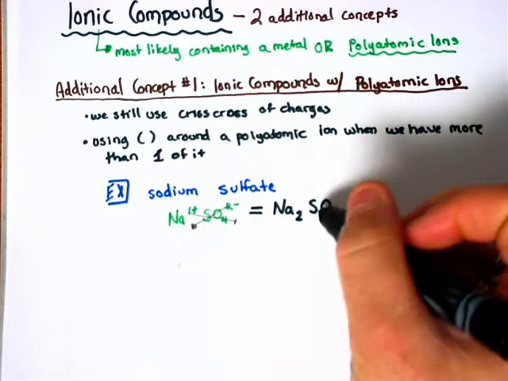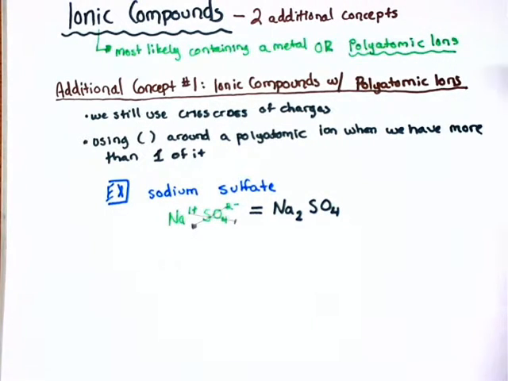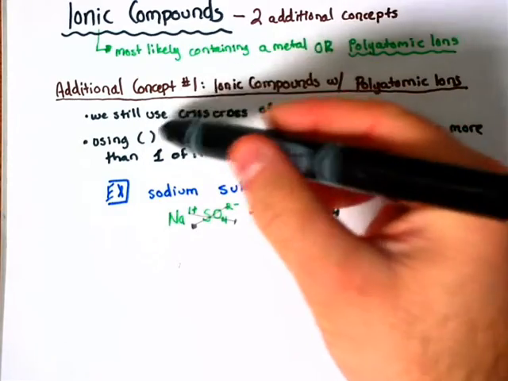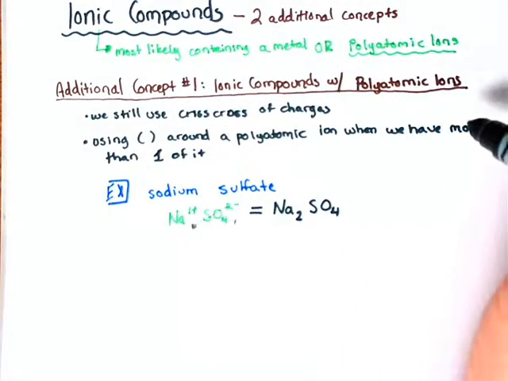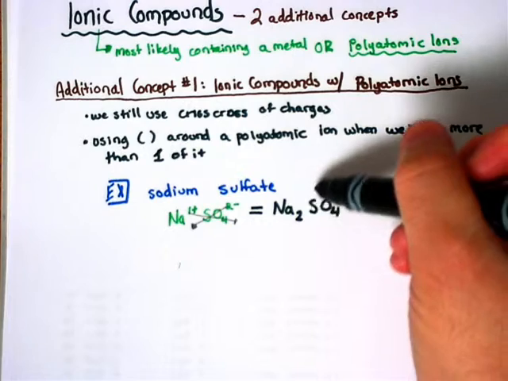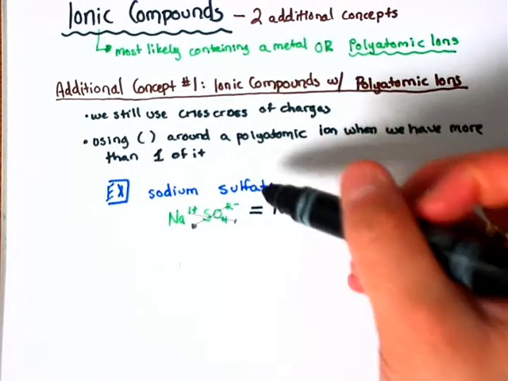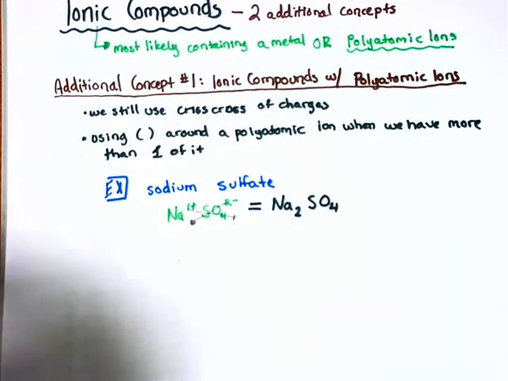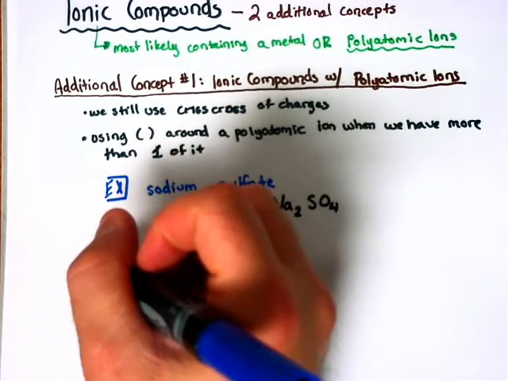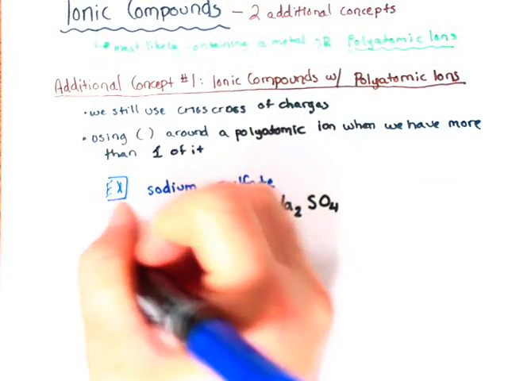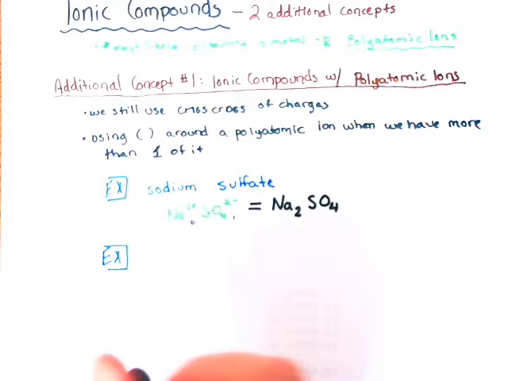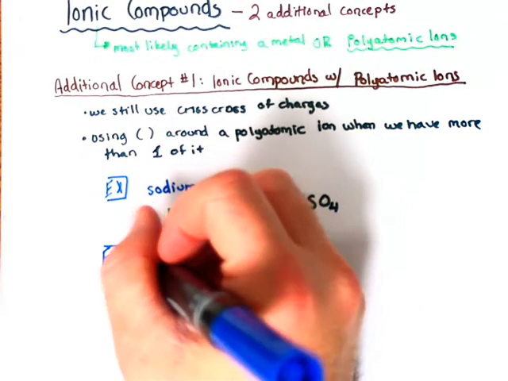No. And so we would not use parentheses around the SO4 because the previous rule says we use parentheses around a polyatomic ion when we have more than one of it. Did we have more than one of the sulfate? No, because we only brought down a 1. Let's look at another example. So if it was one with like a +2 charge, it would. Yes. I'll show you that right now.